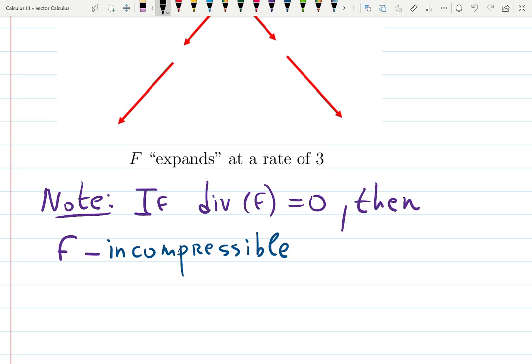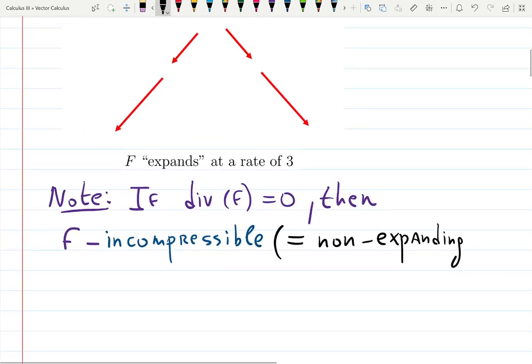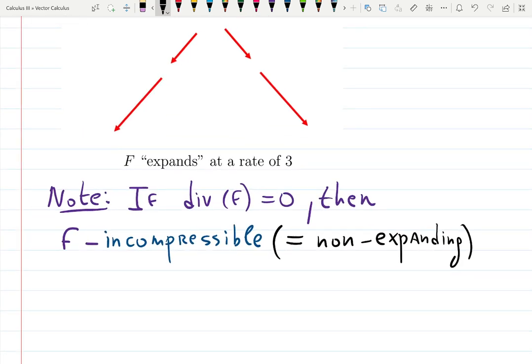It also means non-expanding. So not only the sign will show you if the field is expanding or shrinking, but also the strength of it. So if it's expanding with the rate 3, divergence F will give you that information, and so on. So that is why it's so important.